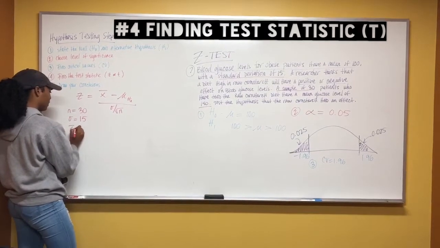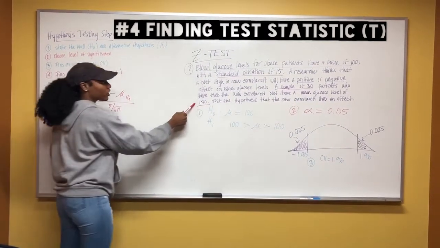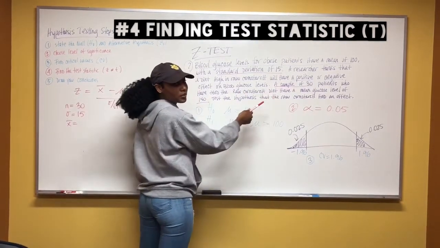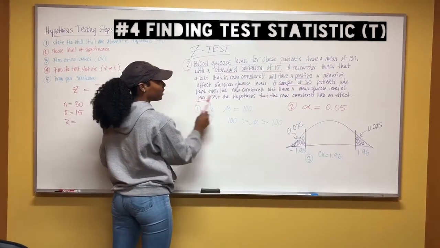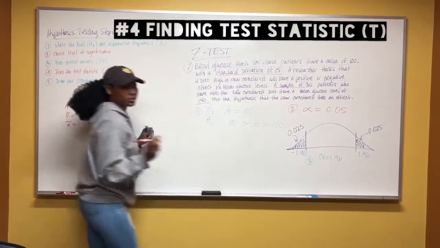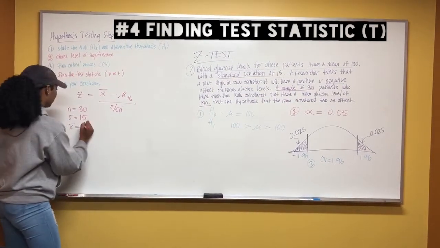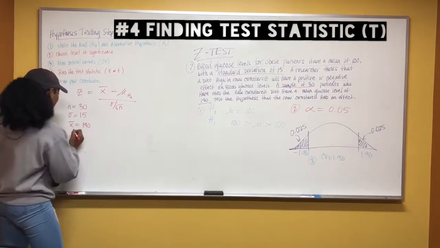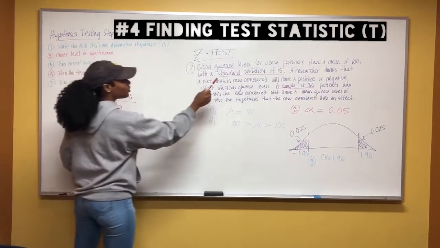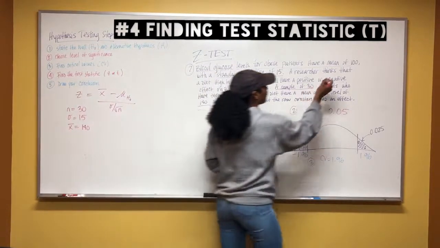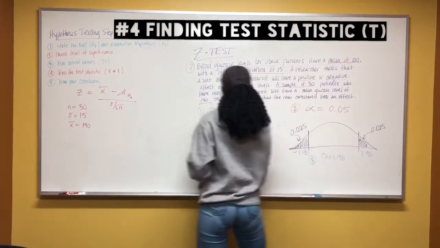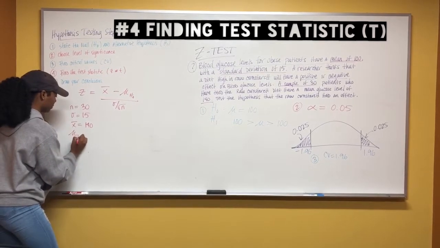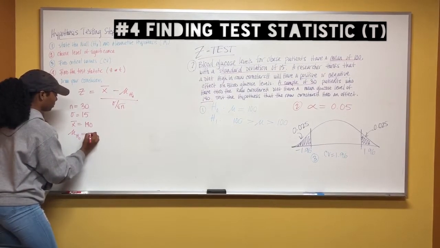Our observed is 140 because this is what we observed when we took our sample. We observed 140 as the mean for the glucose level. And the null hypothesis mean was equal to 100, which I'll underline here. So I'll put mu of the null equals 100.